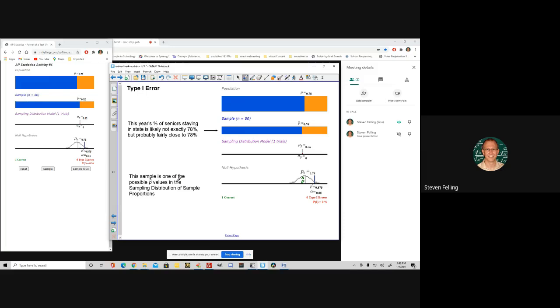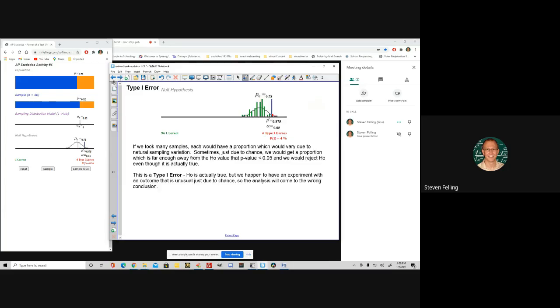So when we calculate the p-value, what that means is we're going to assume that the sampling distribution is centered at the null hypothesis value of 0.78, and our particular value that we got, let's say in this case, it was 0.82, means that this is just one of the many possible samples of distribution here, right? So let's go ahead and take many samples by clicking the sample 100 times button.